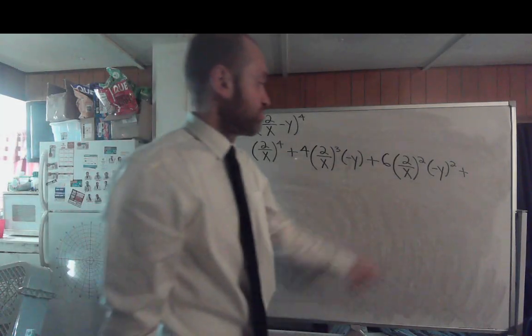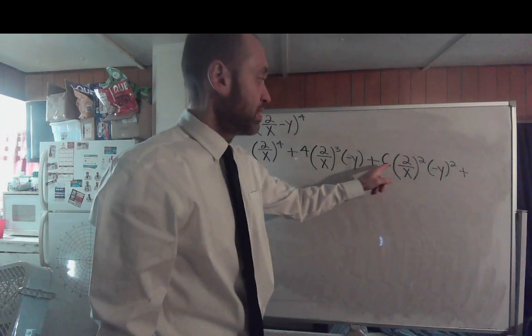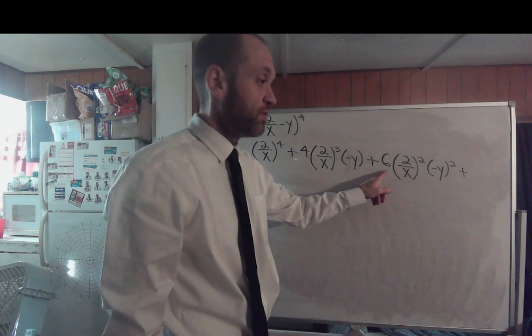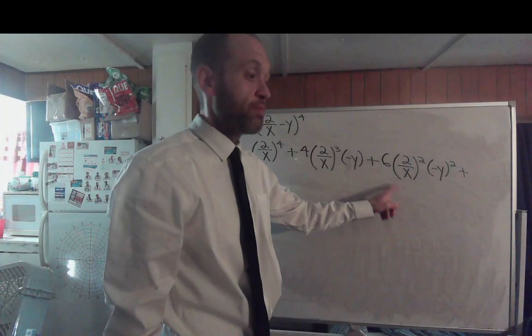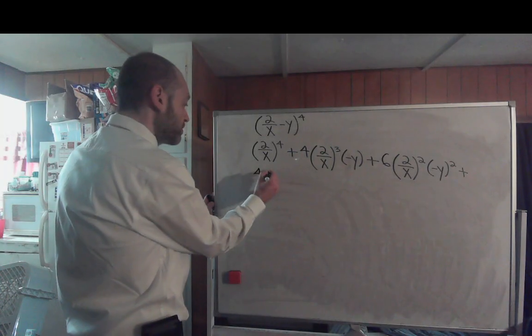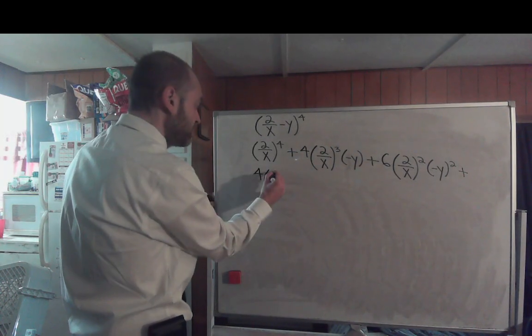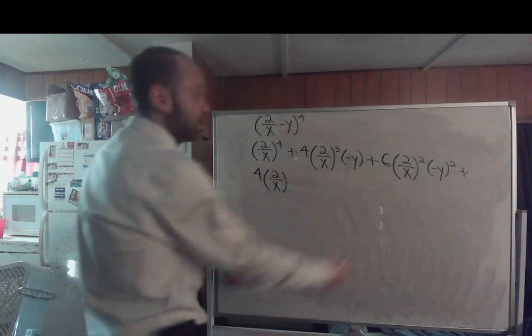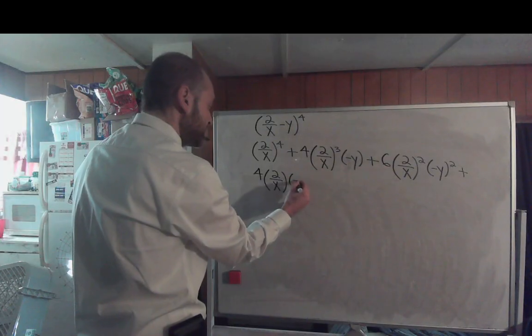Okay, so bring that 2 down in front and multiply it by that coefficient of 6. Well, 2 times 6 is 12, divided by the term number you're on, which is 3. That should give you 4. So 4 times that 2 over x lowered yet another degree. That would just be 2 over x to the first, times that negative y raised another degree.